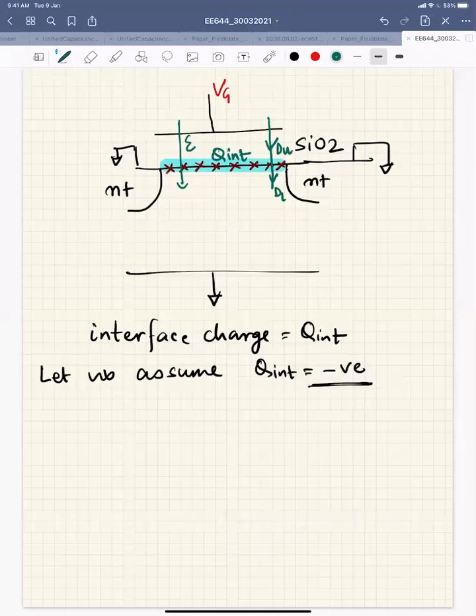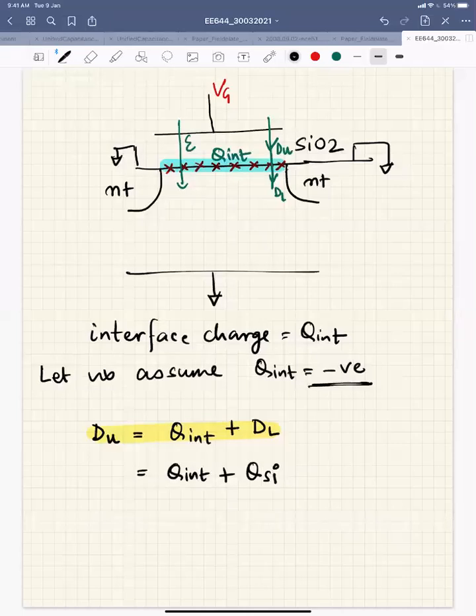From the electrostatics point of view, since the electric field is from top to down, du is nothing but q interface plus dl, and dl is nothing but q silicon.